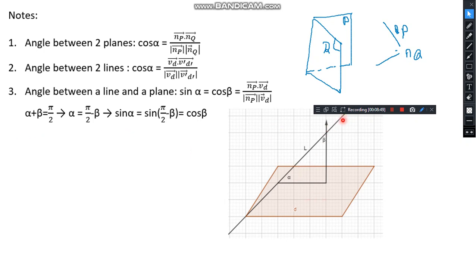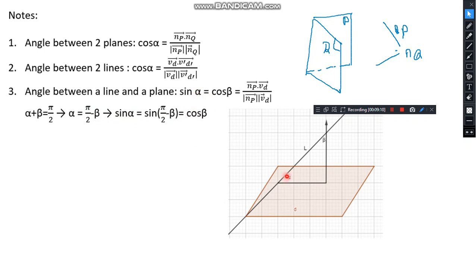Suppose this is a line that intersects the plane at this point. Suppose here the angle is alpha, and this is the projection, and the normal vector is n. Here alpha and beta, we know that alpha plus beta is pi over 2, so alpha is pi over 2 minus beta. Sine alpha is sine of pi over 2 minus beta, which is cosine beta.